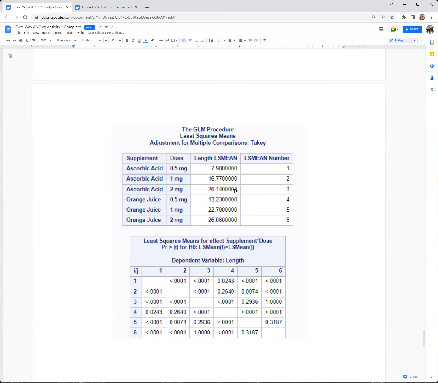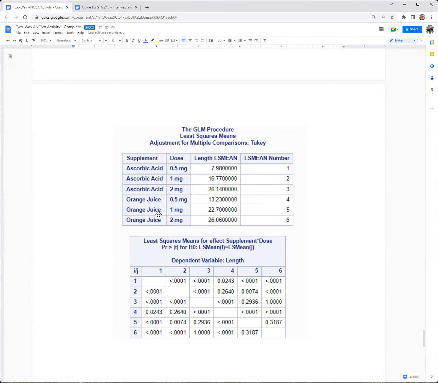Like, is that difference in size meaningful or not? Okay. So looking at group 3 and all of its associated p-values, it had very small p-values indicating, since it was the largest, that it was bigger than all of the groups except groups 5 and 6. If you look at the p-values for that, we had 0.2936 and nearly 1 when rounded.